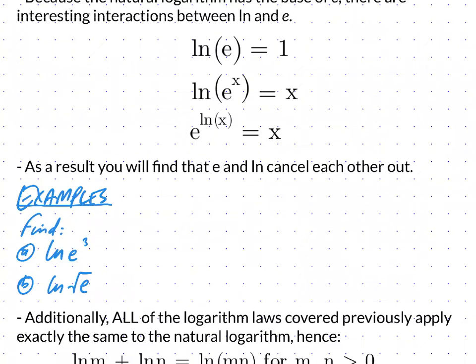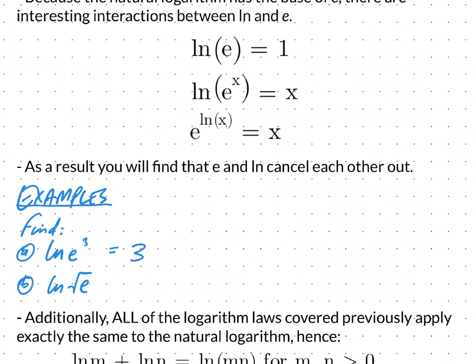So let's do some problems here. Example questions that you might encounter. Find ln of e to the power of 3. You've got this law, ln of e to the power of x is equal to x. Well, we have ln of e to the power of 3, so that is just going to be 3.